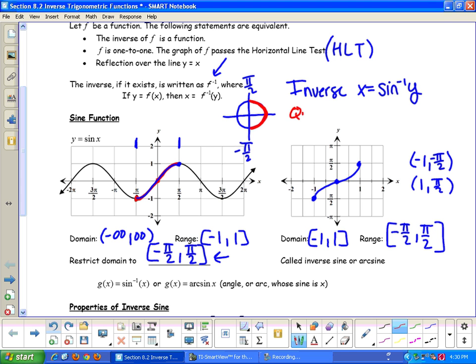So I'm going to work with quadrant 1 and quadrant 4 for my answers. So you have to be very careful when you are writing these answers out, because you can only have answers that are in quadrant 1 and quadrant 4 from negative pi over 2 to pi over 2, because we are purposely restricting our domain values.